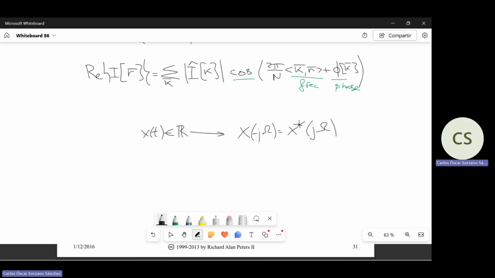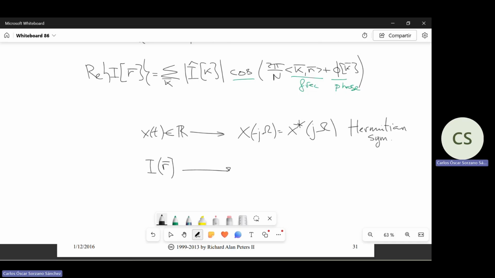This is called the Hermitian symmetry. For images it is the same.